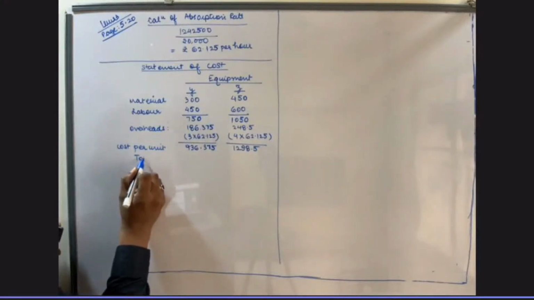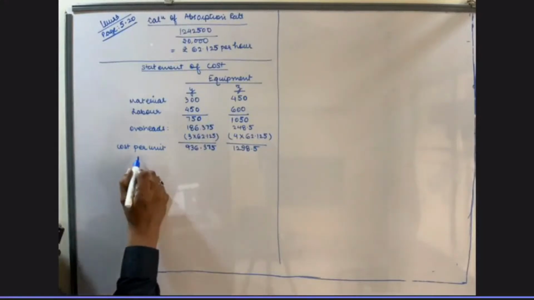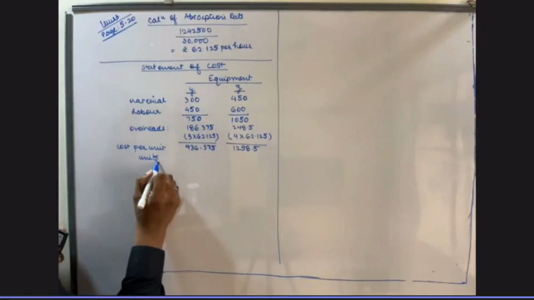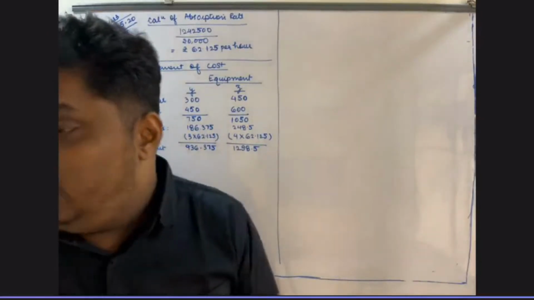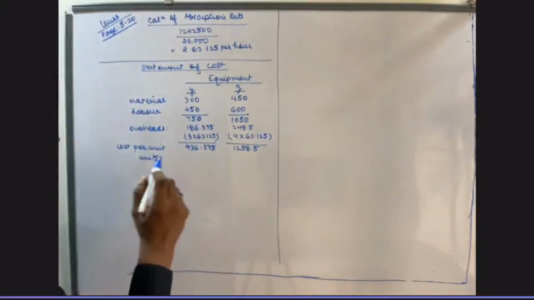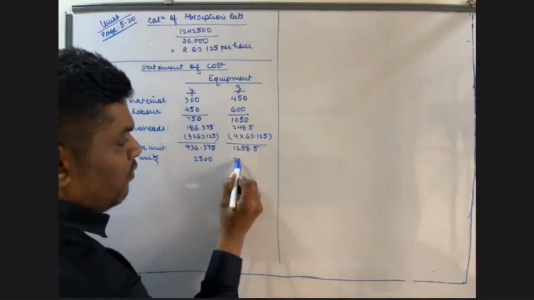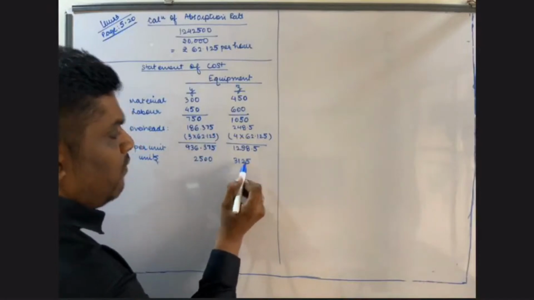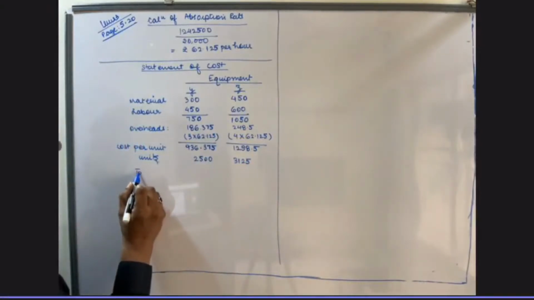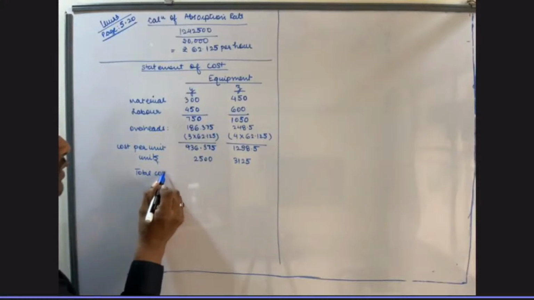We can easily calculate the total cost. So if we multiply it with the number of units, herein the number of units are 2500 and 3125. So we can easily calculate the total cost.